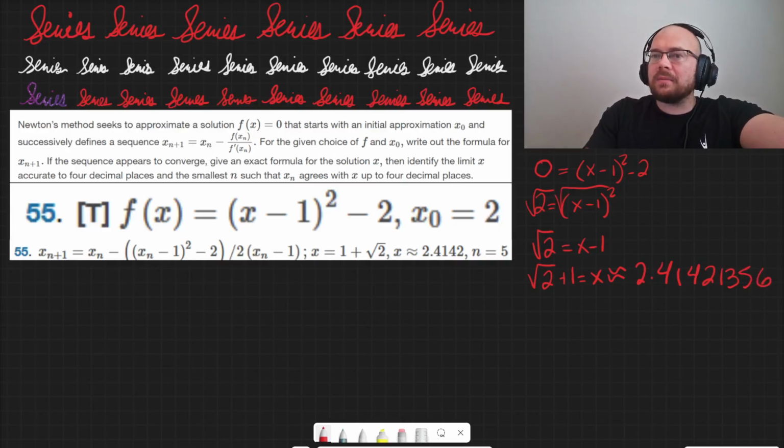I'm just going to do a bunch because later on we're going to need to get an n value that makes our x equal to this answer accurate to at least 4, could be more than 4 decimal places. So let me move this over here. There we go. Okay.